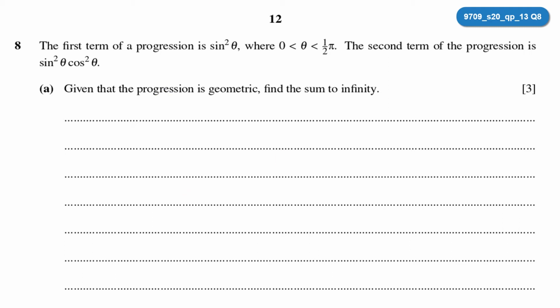So here, the information we have is that the first term of the progression, that's u1, is sine squared theta. And we've also been told that the second term of the progression is sine squared theta cos squared theta. So u2 is sine squared theta cos squared theta.